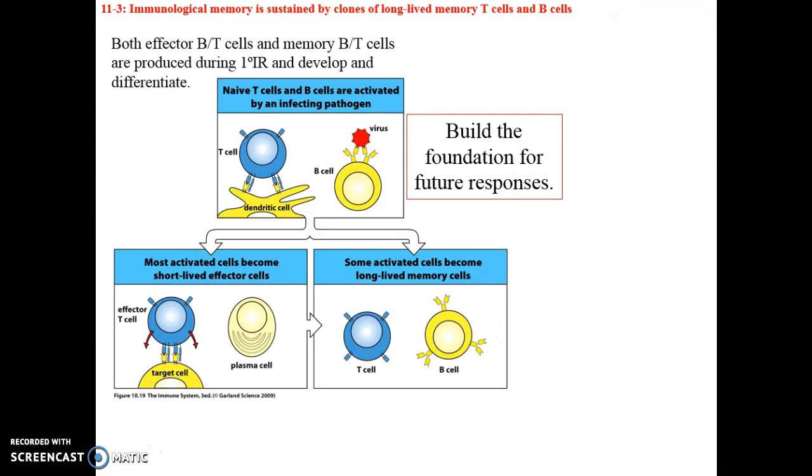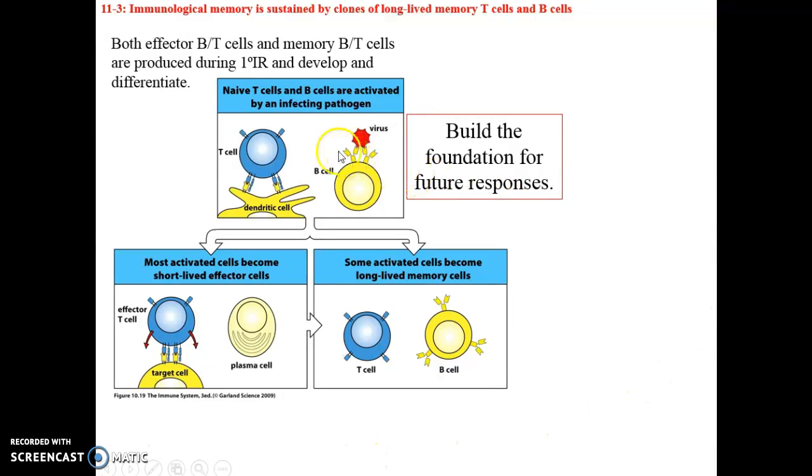Well, this figure is not in your textbook anymore by itself. It has some crossover to a couple of other figures, but I've left it in here because I like it. The section title is Immunological Memory is Sustained by Clones of Long-Lived Memory T and B Cells.